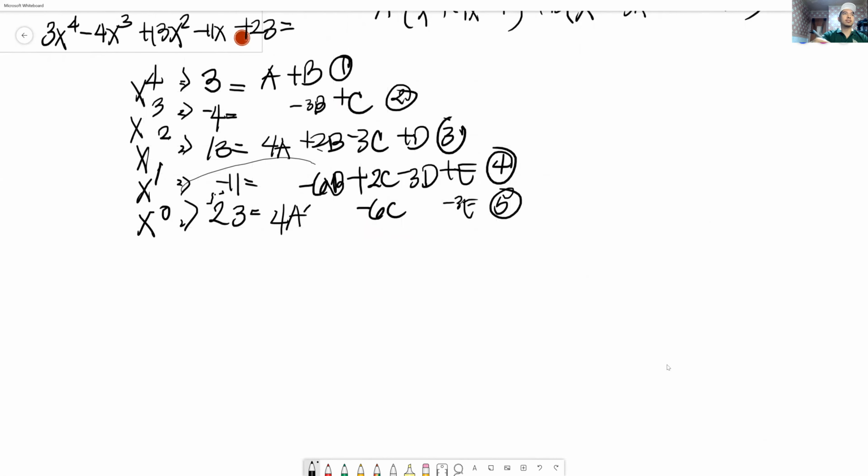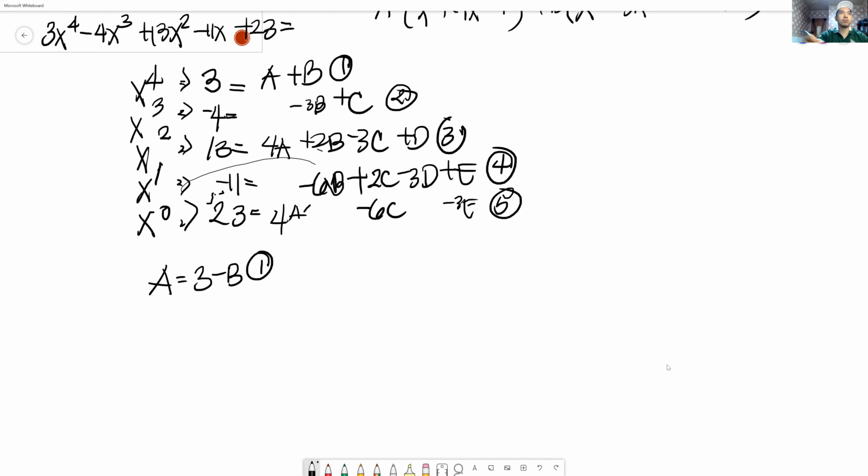So for this case, let's try to use substitution and another substitution so that we can reduce the variables. So we have here, we can say that our a is equal to 3 minus b.